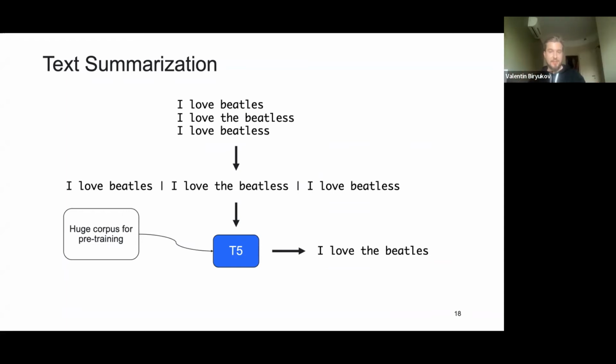In this case, it may understand what's probably the most correct word for these sentences. Actually, Beatles, and it's the most commonly used word near "I love" in a huge corpus, and it uses this knowledge like a prior for our correct answer.